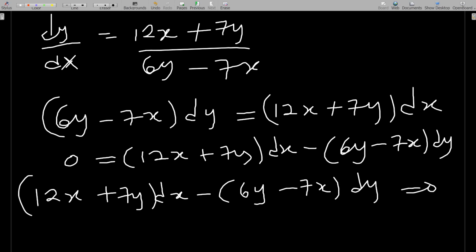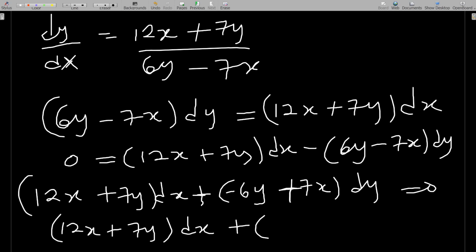When the negative goes through, I'll have negative here and plus here, and then here will be plus. I hope you understand this. So in effect, I have (12x + 7y) dx plus (7x - 6y) dy equals 0. This is very simple, just rearranging it.